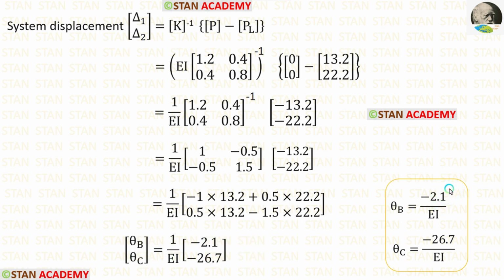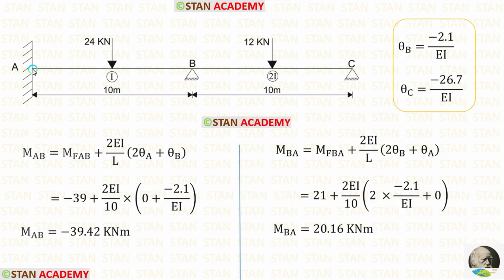Now let us make slope deflection equations and then apply the values of theta B and theta C and find the final moments. First, let us make the slope deflection equations in the span AB. In the equations, let us apply the fixed end moments.